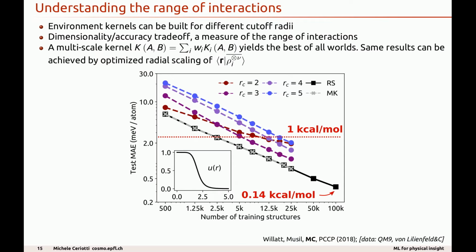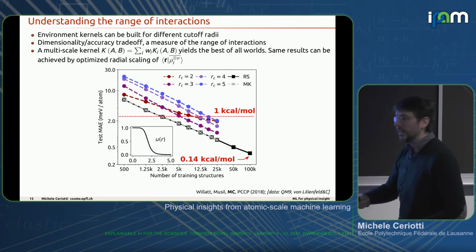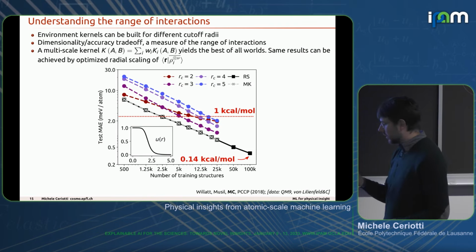And by doing this, you get a model that basically does the best across training set size, because it knows that it has to focus first on the covalent bond, but then when information arrives, it can also start learning about non-bonded interactions and so on and so forth.